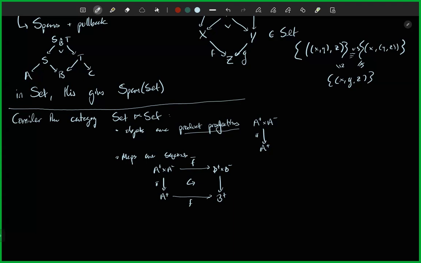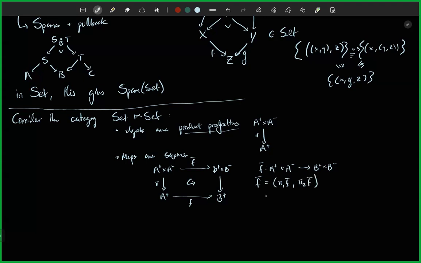But I want to actually note that in this category, F bar, because it's going into a product, we can actually express it as a pair of functions: the first projection of F bar and the second projection of F bar, the second of which I will call F sharp. But remember that we actually know that this square commutes.